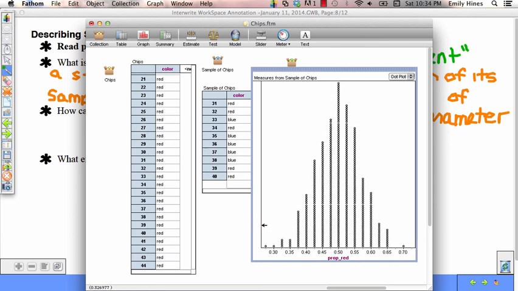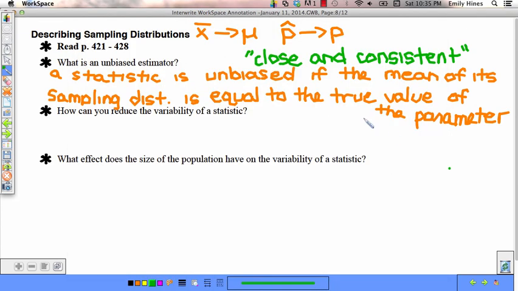So you can see that we've decreased the variability in our sample. And you can also look and see this big tall one that sticks out much more, and that is definitely going to be the mean of our almost symmetrical distribution here, 0.5, right on the money. So this proportion here is an unbiased estimator.